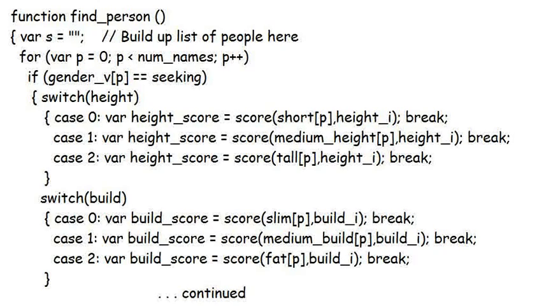A for loop goes through all the people in the database, only considering the ones of the gender that the user is seeking. For each of these people, the value of height is considered. This, you will recall, is the height range that the user chose, 0 for short, 1 for medium height, and 2 for tall.